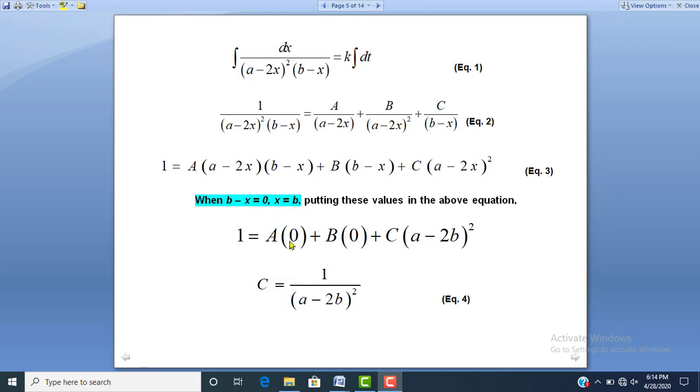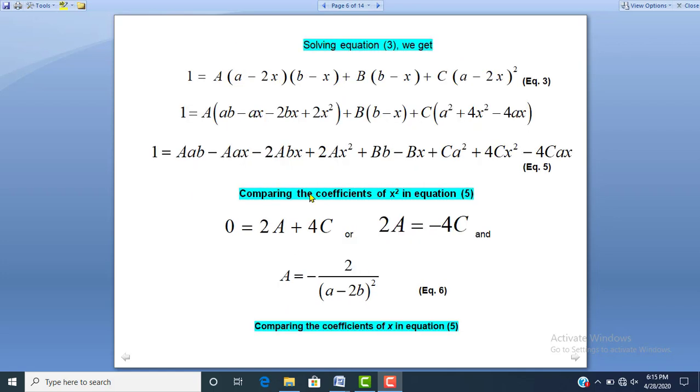So from this, A will be equal to 0, B will also be equal to 0. So if we separate the term C at one side, this C will be equal to 1 over (a minus 2b) square. So remember equation number 4, that according to equation number 4, the value of C is equal to 1 over (a minus 2b) square.